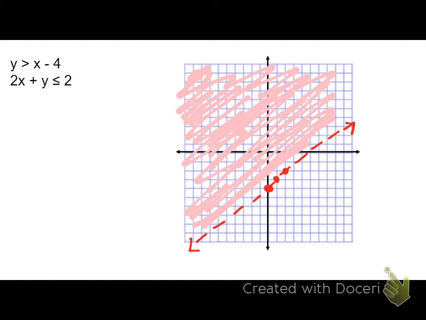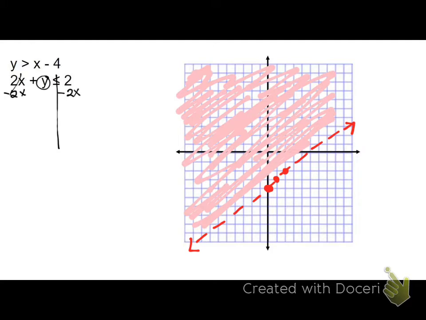Okay, so my second inequality, the y is not by itself. It's not in slope-intercept form, so we need to go ahead and get that into slope-intercept form. So I want to get the y by itself. So what do I get rid of? I do that by subtracting.